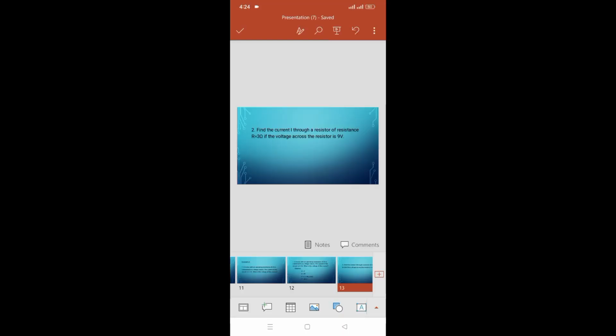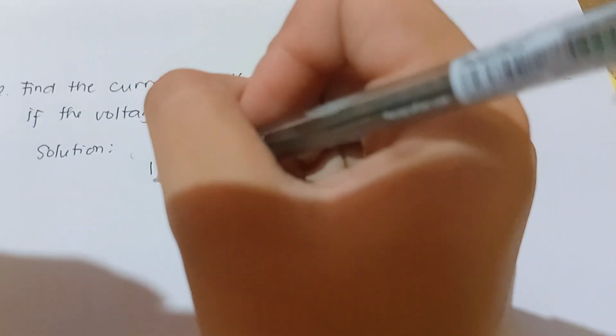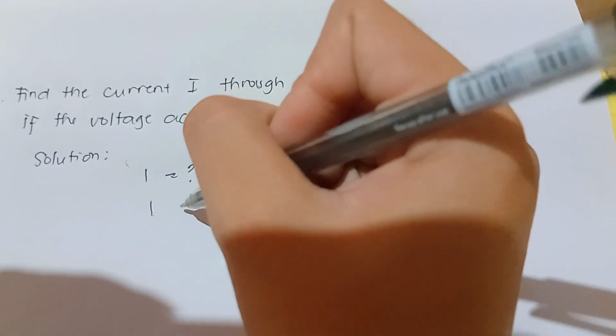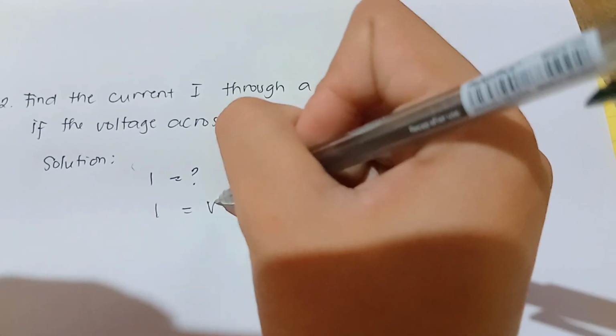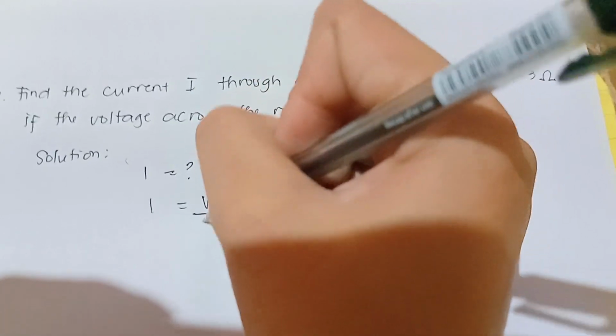Next example. Find the current I through a resistor of resistance R equal to 3 ohms if the voltage across the resistor is 9 volts. The formula is I is equal to voltage divided by resistance.